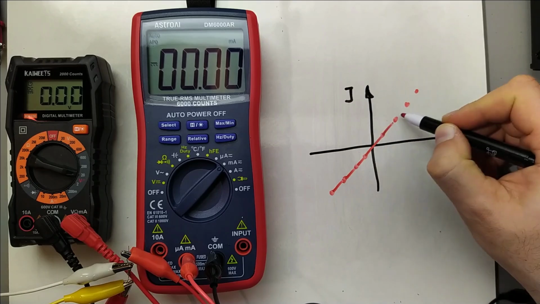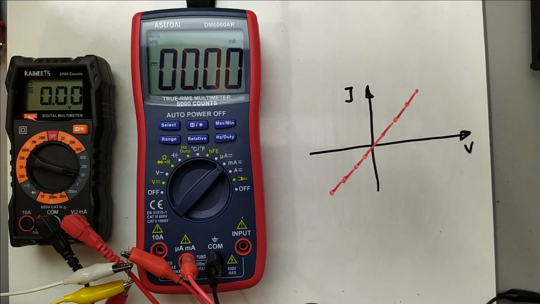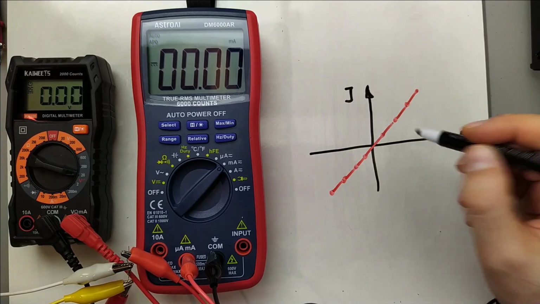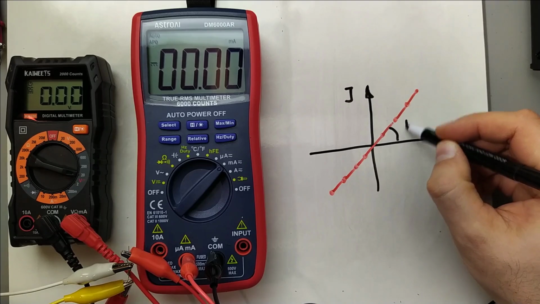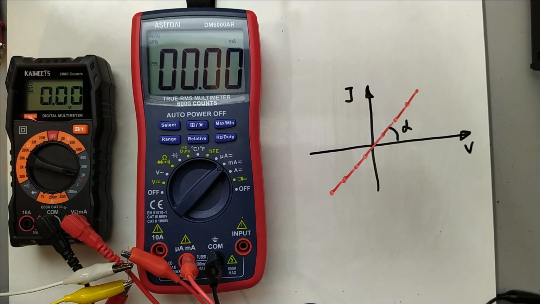So we can connect these points, and that is the current voltage characteristic of a resistor, and the magnitude of the resistance will be defined by this angle alpha. If we have a smaller resistor, this angle will be larger. If we have a larger resistor, this angle will be smaller.